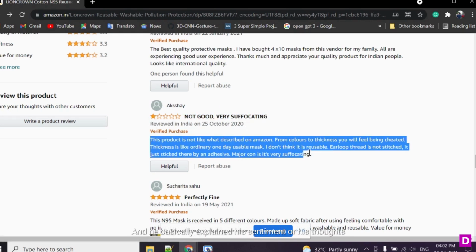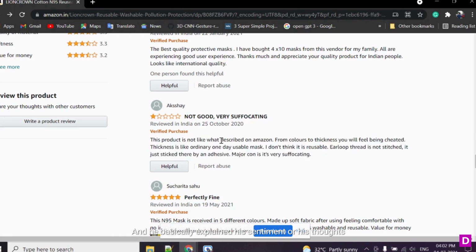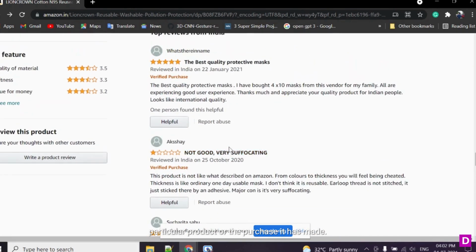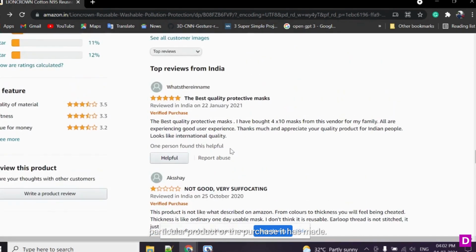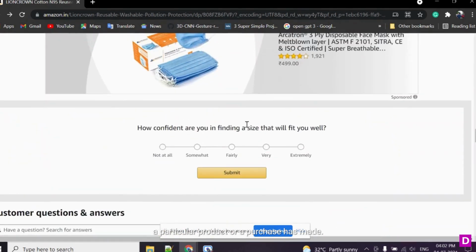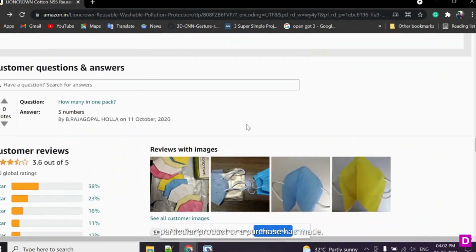He explained his sentiment or thoughts on why it is a 1 star rating. So we are able to recognize the sentiment or the emotion of a person after a purchase has been made.